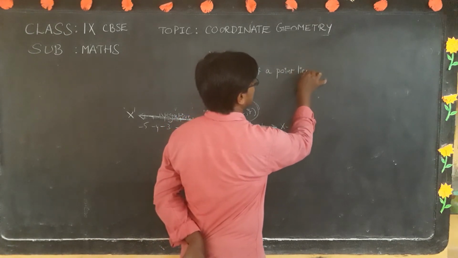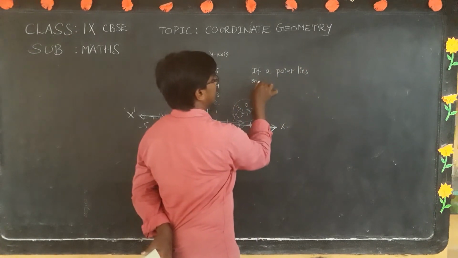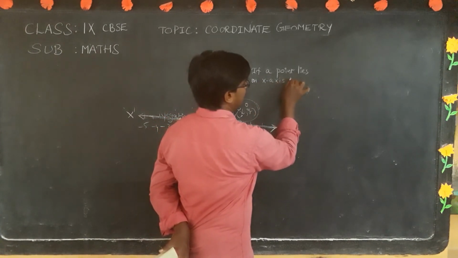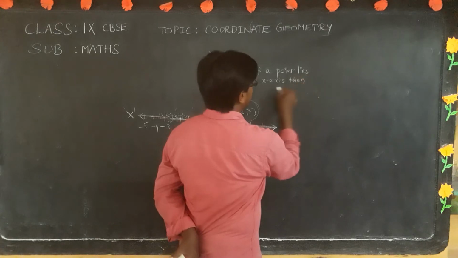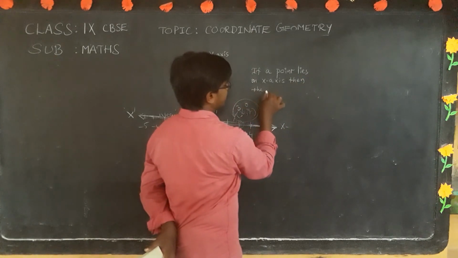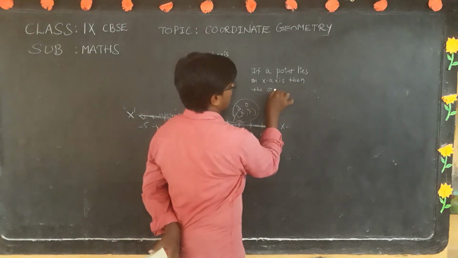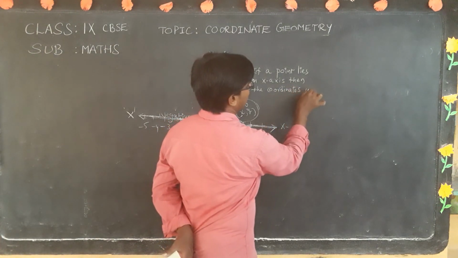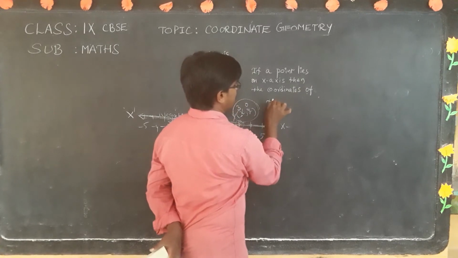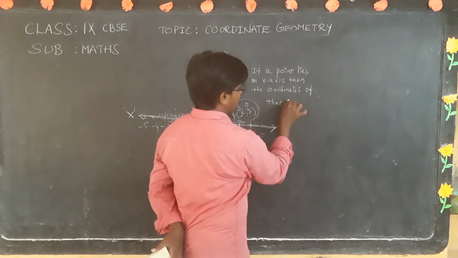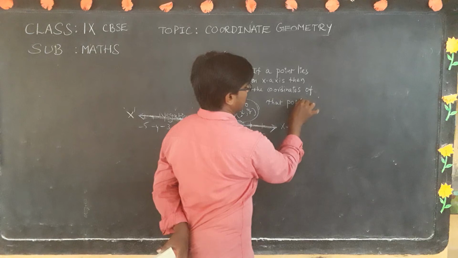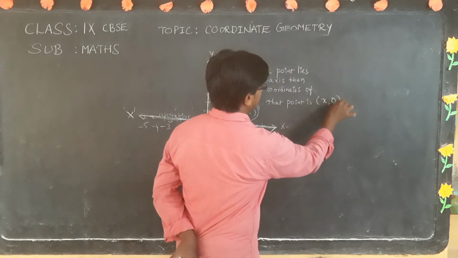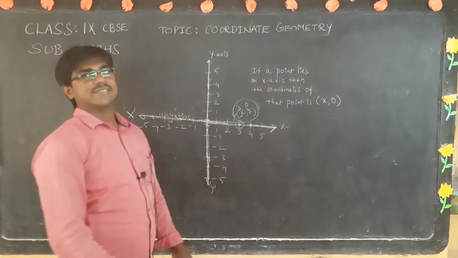So generally we can say that if a point lies on the x axis, then the coordinates of that point are x comma 0.